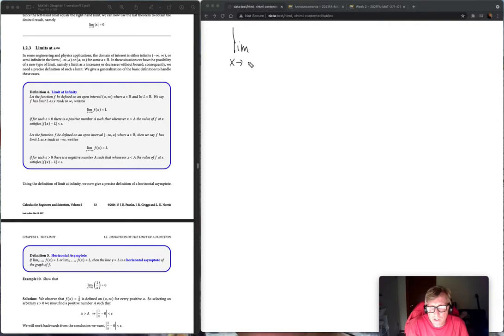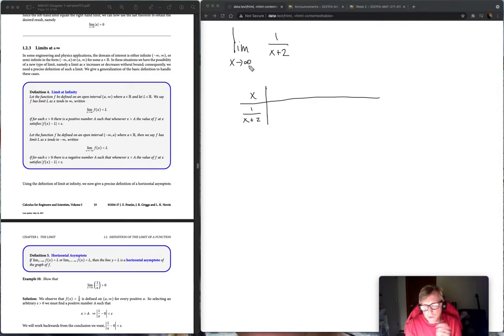Let's say that x is approaching infinity of 1 over x plus 2. Let's explore this by using a table of values. So we have x, and then we have f of x, which is 1 over x plus 2.